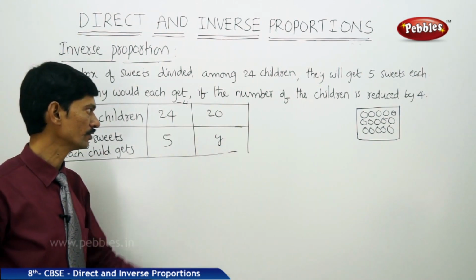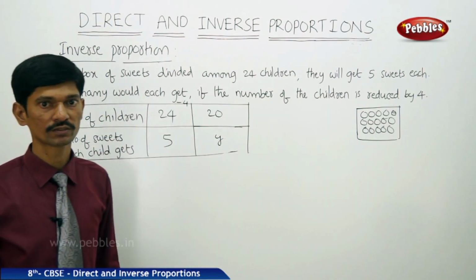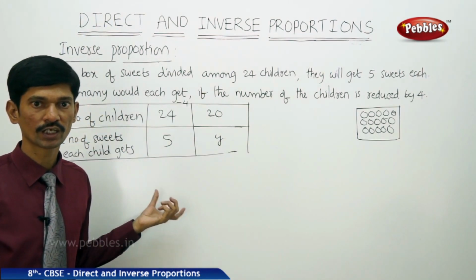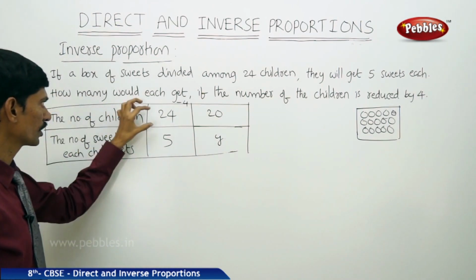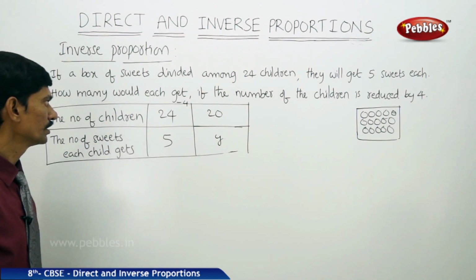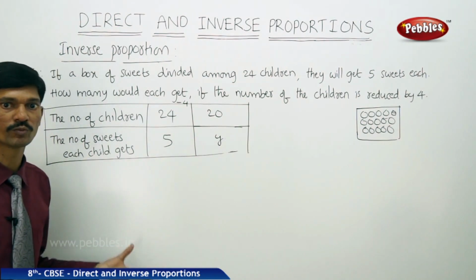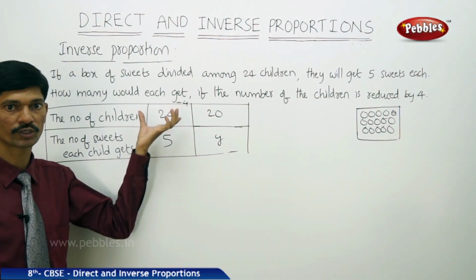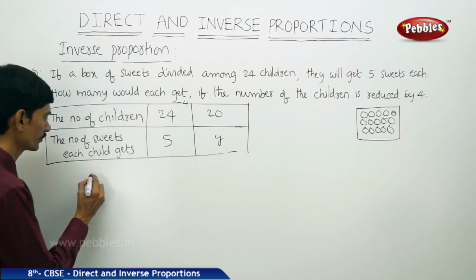We have to find this value. Now whether they are in direct proportion or inverse proportion. So obviously they are in inverse proportion, because if there are 24 children, then they will get 5 sweets each. If there are only 20 children, then obviously they get more sweets from 120 sweets. So here this is a case of inverse proportion.